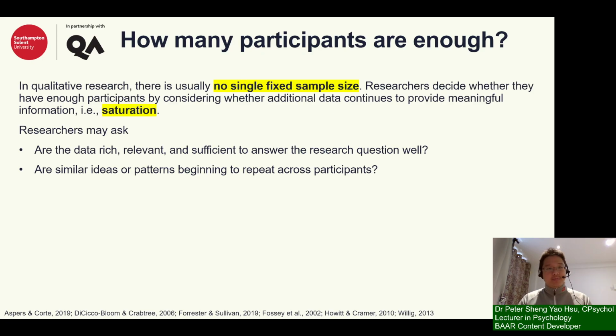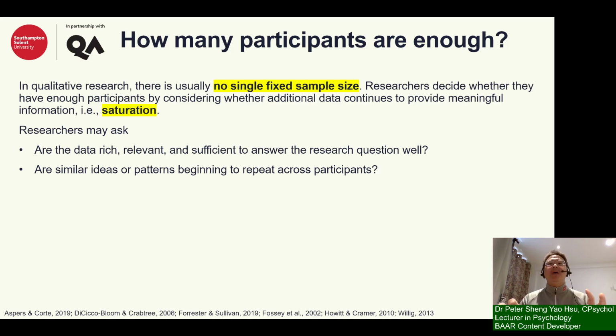After more interviews, similar ideas may begin to repeat. If additional interviews are no longer adding more new insights, the researchers may decide that the data are sufficiently rich and relevant. However, saturation should not be used too mechanically.